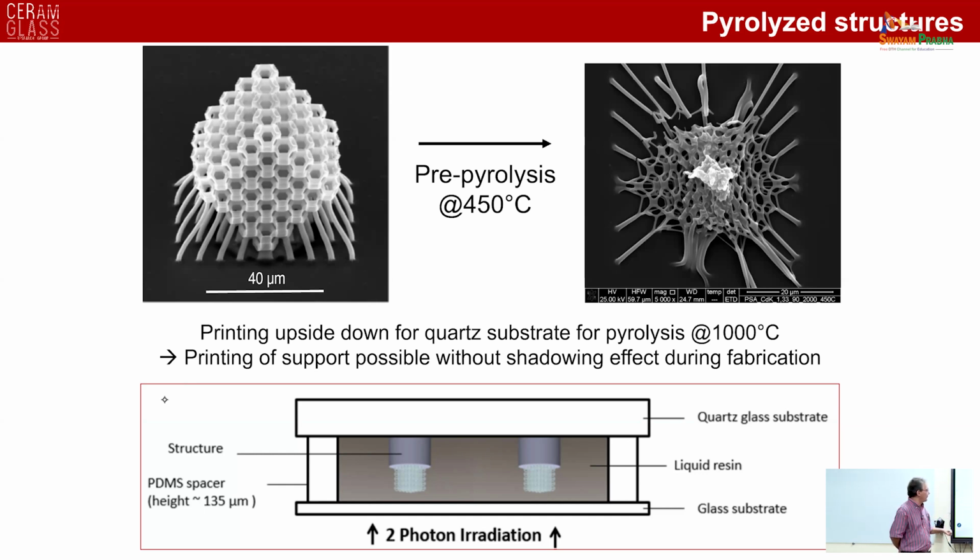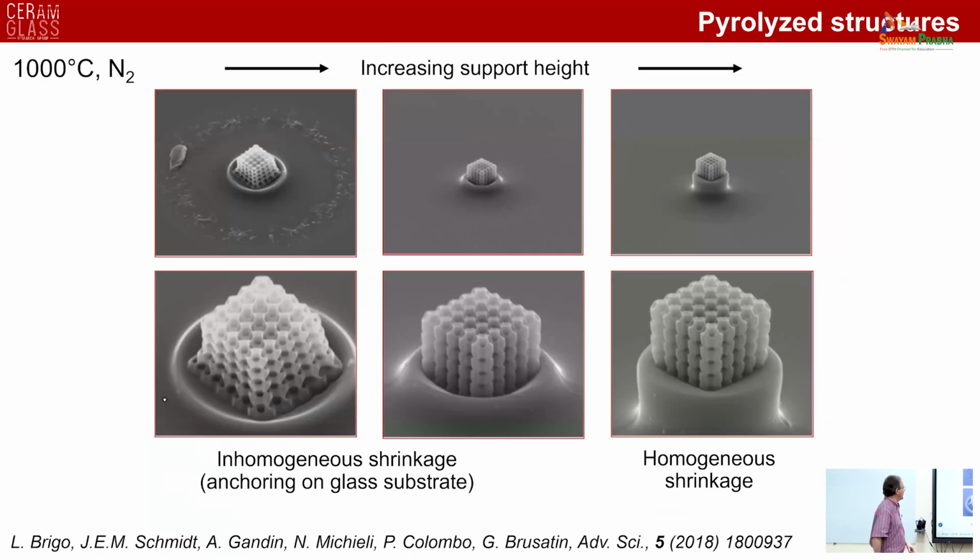So we followed a different approach that was actually proposed by a different person for carbon-based materials, not for preceramic polymers. And we built the part on a pillar made of the same material. So this is the size of the original pillar, and this is after pyrolysis.